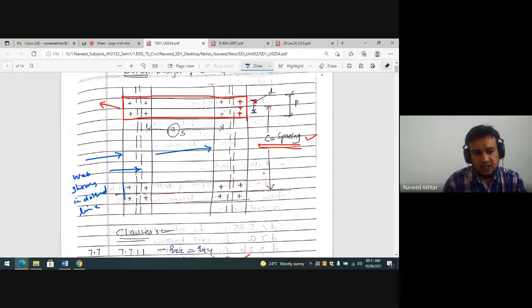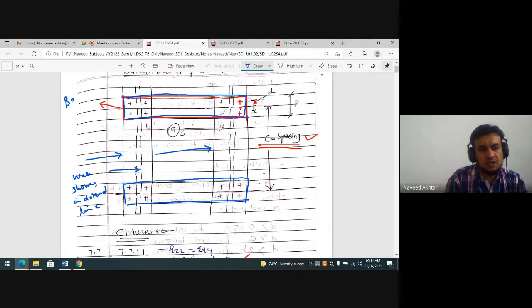And this is connected with the batten plate. You can see this is the batten plate first, and this is another batten plate, shown in red color. If we are joining the two columns with the batten plates only, these cross members are called battens.